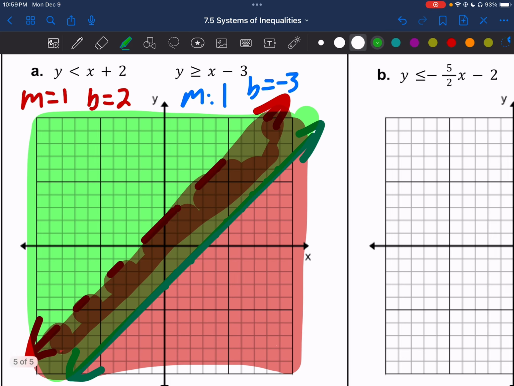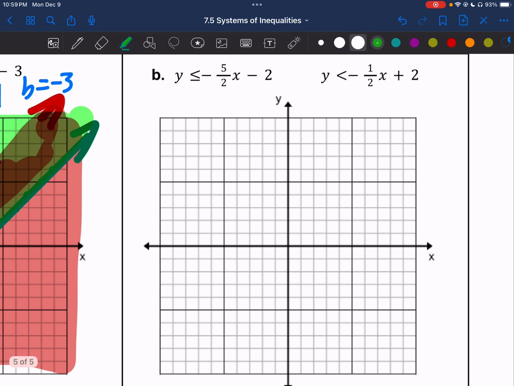All right, let's look at letter B. Okay, I'm going to graph the second one first because that is a dashed line. So let's go with our slope is equal to negative 1/2, and our y-intercept is 2. So I'm going to put a point at positive 2, and my slope is negative 1/2.